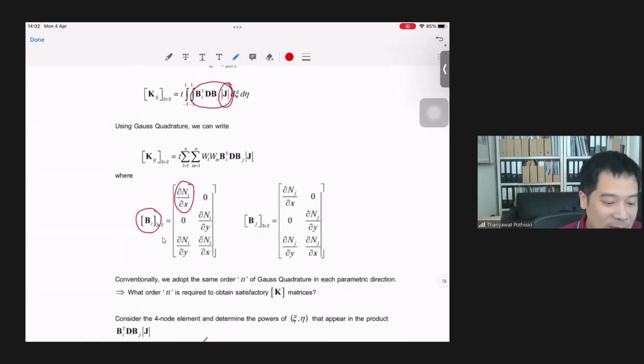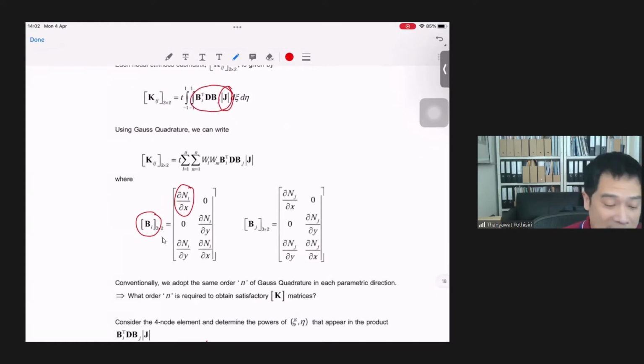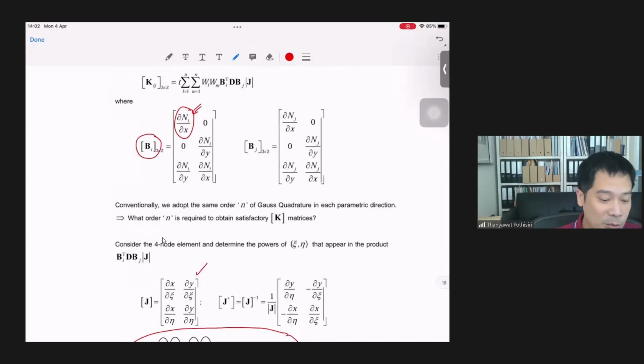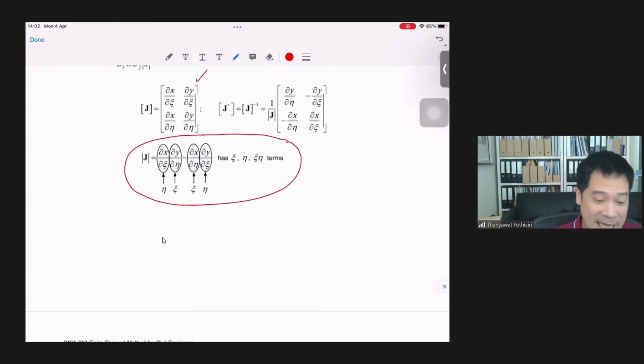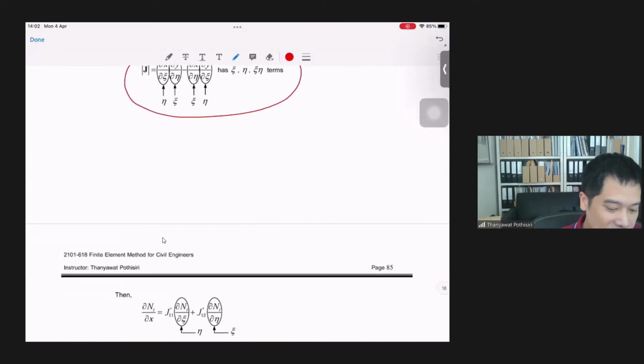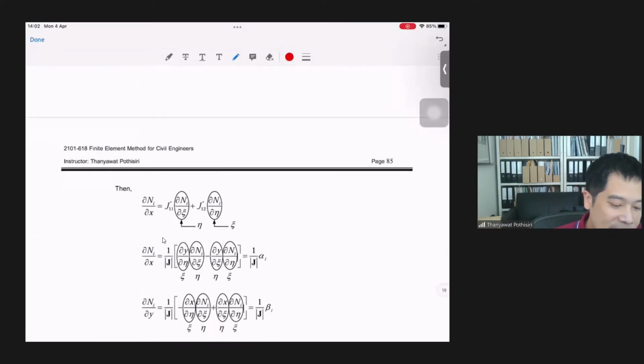But in parametric coordinates, we change the B matrix from a function of x and y to a function of c and eta. So instead of writing the derivative of the shape function with respect to x and y, we change it to c and eta, right? So we need to look at this term in terms of c and eta.